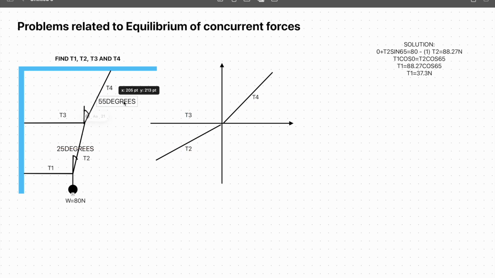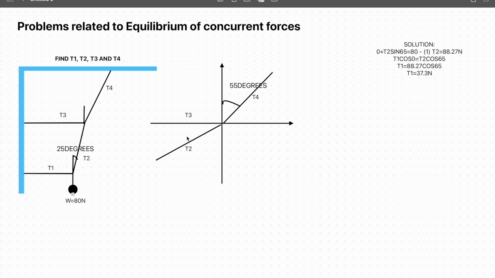This right here is a 55 degree angle, tilted 55 degrees along the y-axis.